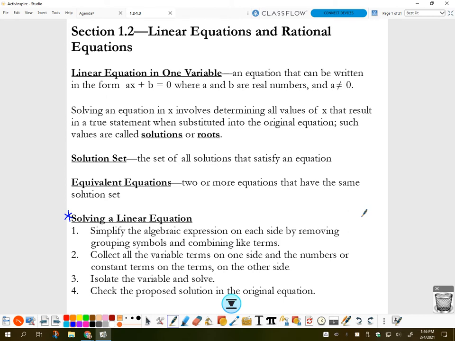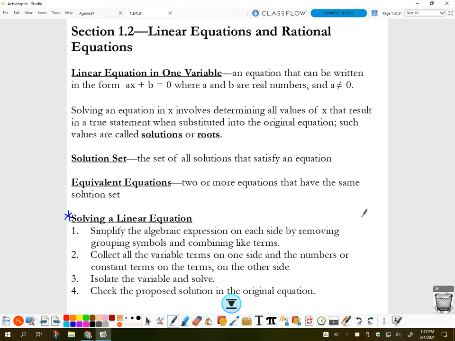We're going to solve linear, we're going to solve rational, we're going to solve quadratic, we'll solve ones with radicals, we'll solve, I think, some basic polynomials. We'll also solve some inequalities. I think I may have exhausted the list. There may be more, I'm not sure.